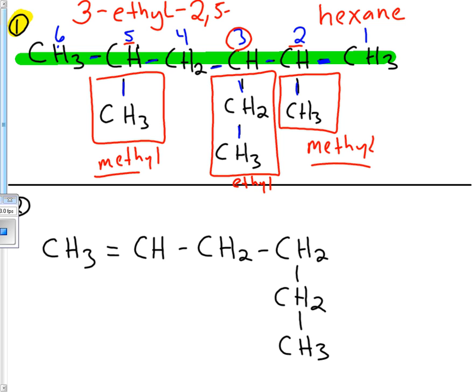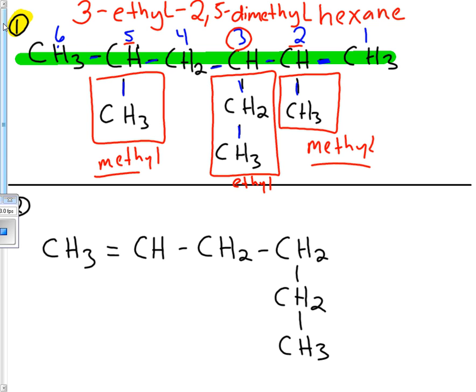But we have 2 of them, so we need to give it a prefix. Our prefix is going to be di for 2, methyl, and then that'll be one word. So here's our final answer: 3-ethyl-2,5-dimethylhexane. So that was naming that right there.